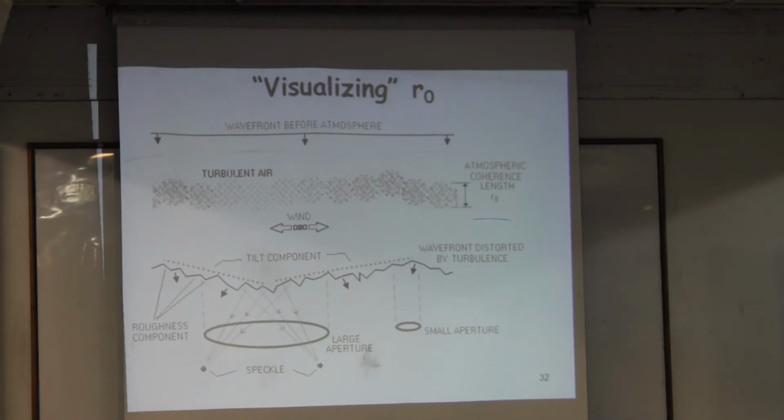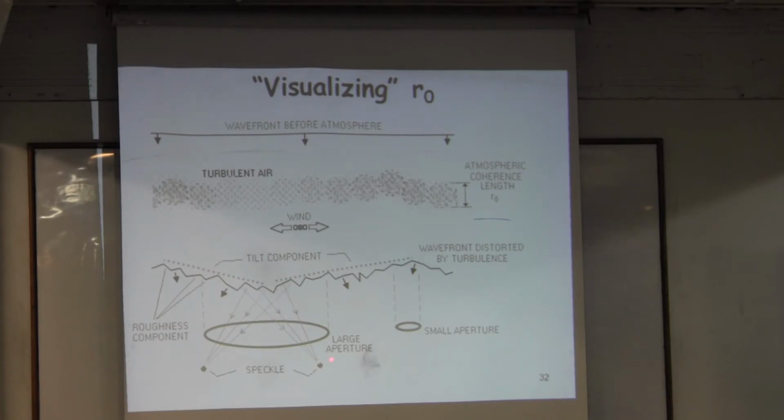So here's another graph that may be a bit more sophisticated than what I've drawn here, but it's essentially the same. You have the flat wavefront here, and then you have the turbulence here and here, maybe some wind. And then you have, of course, structure in this wavefront. Again, a simple model to approximate that structure is to say there is a zero order component, which is the tilt of the wavefront.